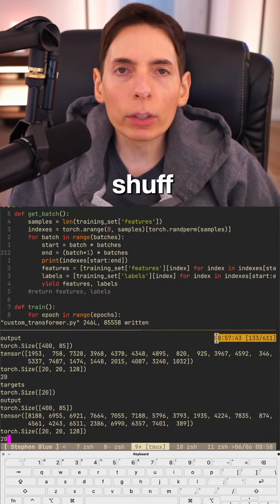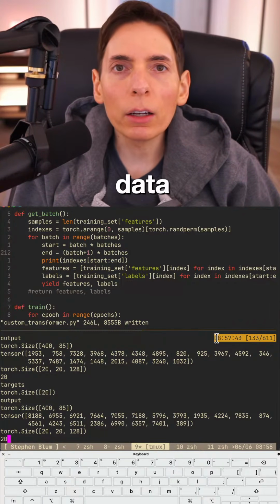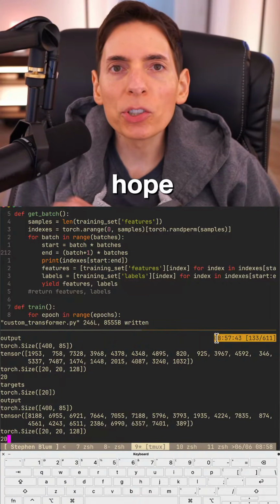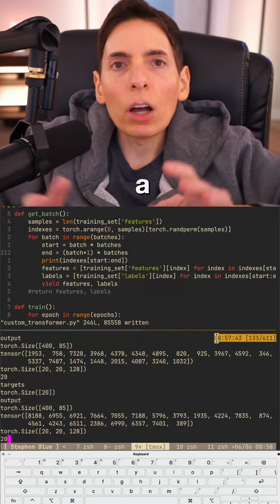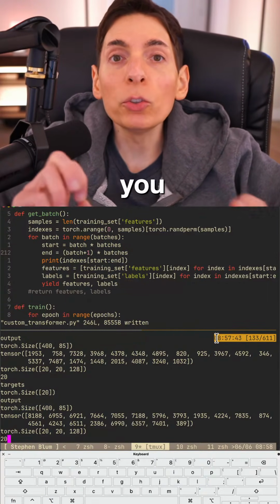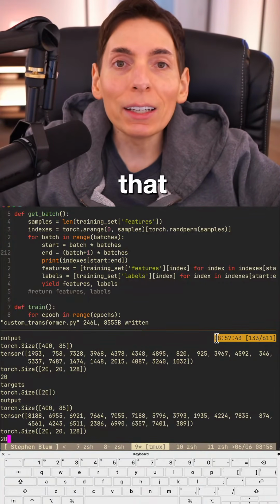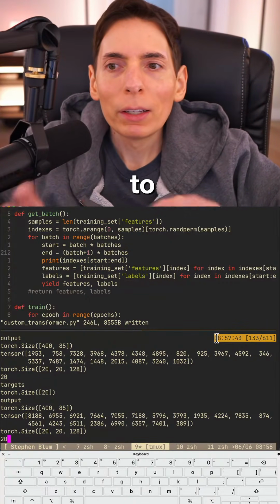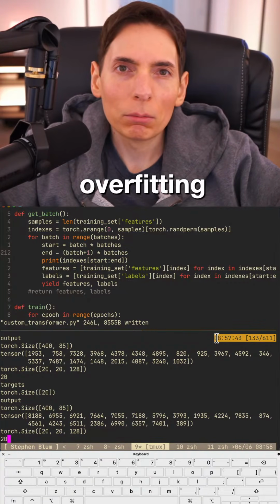Let's see, why do you not get the data then randomize the order? Oh yeah, it's called shuffling. So you want to present your model with randomized positions of your data. When you train it, you don't want to repetitively give it a whole bunch of data in a linear fashion, because then it can't generalize as well. This is a regularization approach to better generalize your model, which is what you want. When you're building AI, you want it to be able to predict the correct data on data that it's never seen before. So part of that, you need to poke ways into the model to prevent it from overfitting.